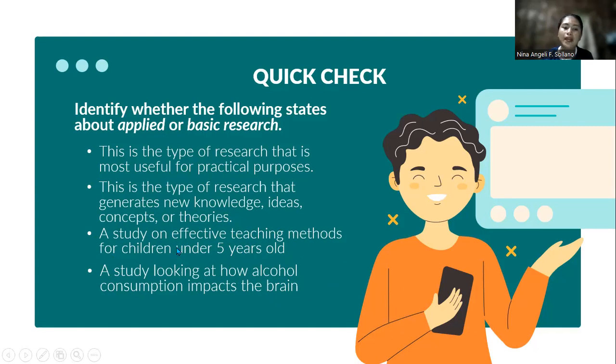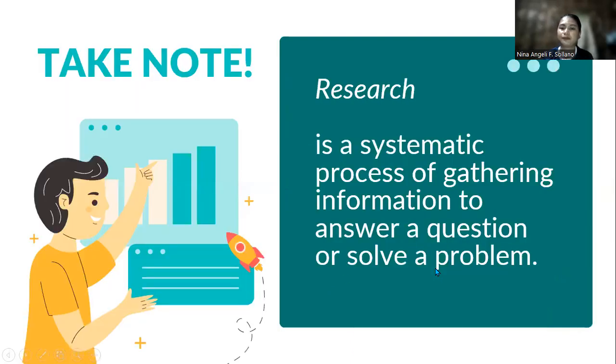This is basic because the wording is just a study looking at how alcohol consumption impacts the brain. They are not saying that they are to check the possible effects or to have precautionary measures. So it is just looking, so basic.